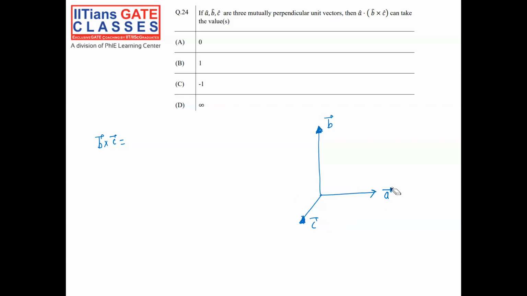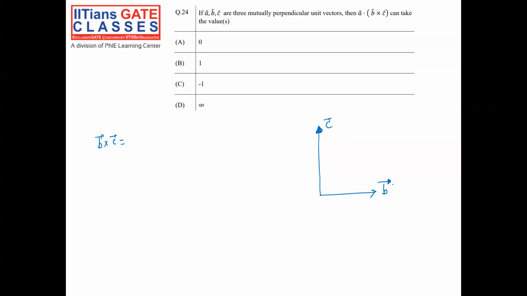To make it simple, I will just make this b bar and this c bar. So b bar cross c bar will give a vector perpendicular to the BC plane. It will be either coming outward or going inwards depending on the values of b and c.